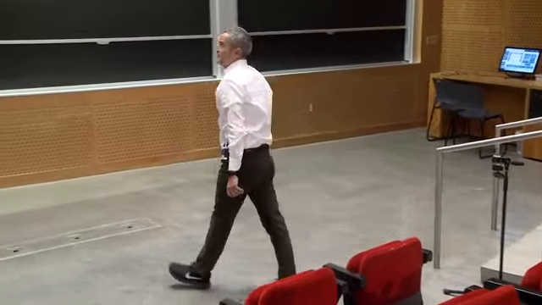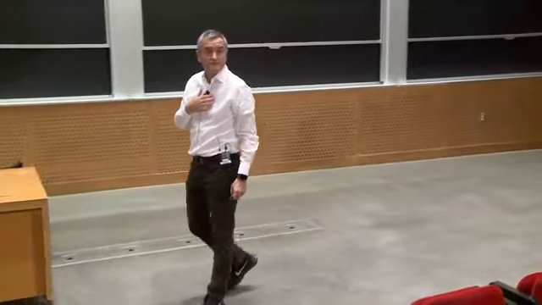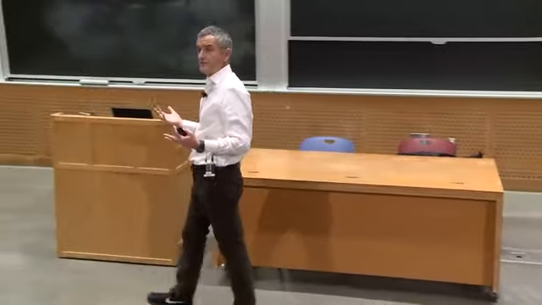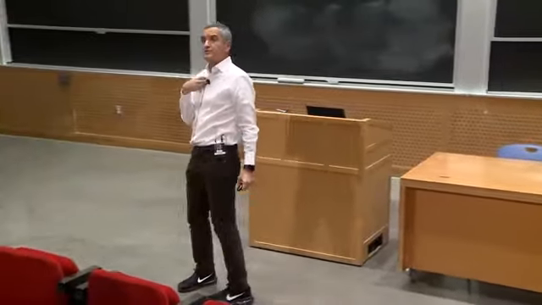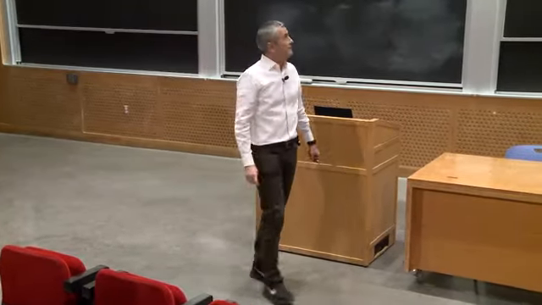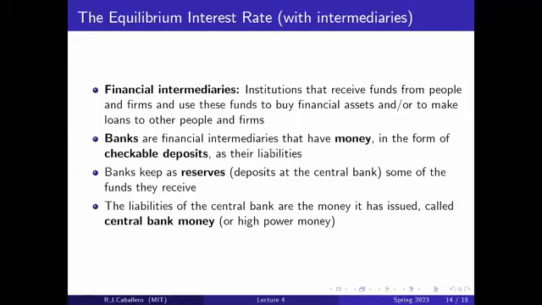That deposit at the central bank is called reserves. So when you hear the word reserves of the banking sector, this is the deposits of the banks at the central bank. And that's also a liability for the central bank. The central bank is holding that deposit of the banks. It's not the central bank's money, it's the banks' money, and they're holding it there. It's a liability as well.